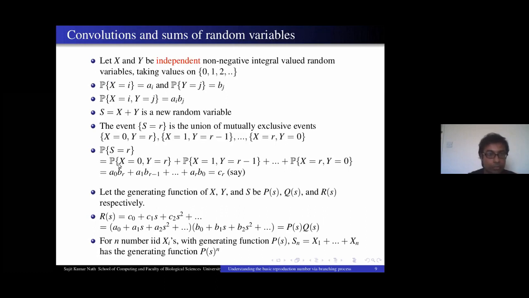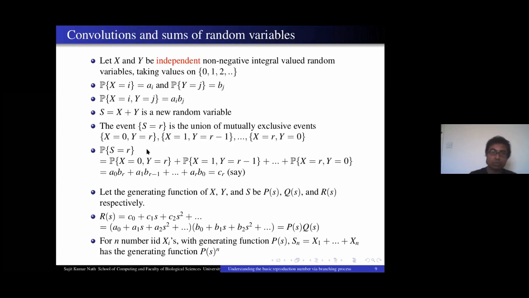So the probability of s equal to r is the sum of all these probabilities because they are mutually exclusive. And as x and y are independent, each is the multiplication of their probabilities. Like x equal to 0 is a0, y equal to r is br, so the probability of this event is a0 br, and so on. If you just sum up, you will get the probability that the sum is r, which I denote here by cr.